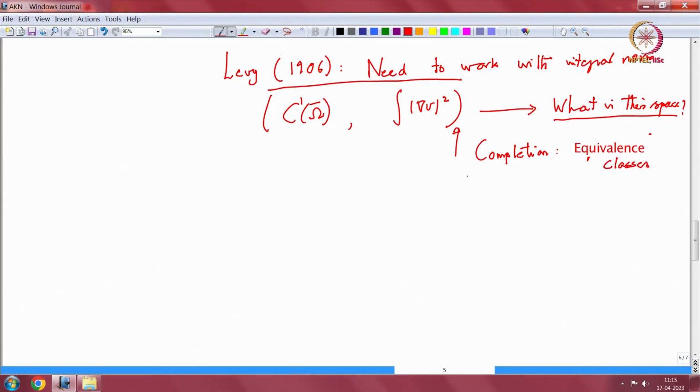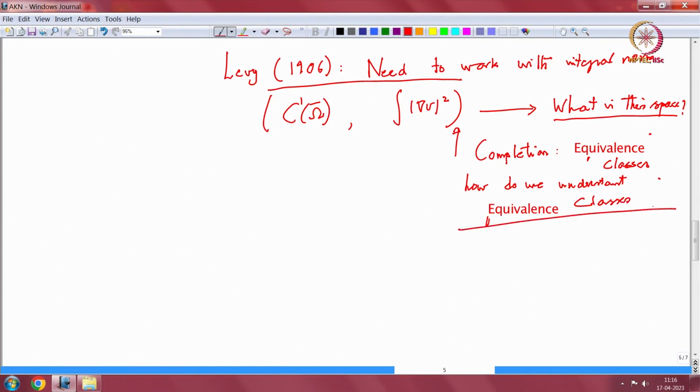So how do we understand the equivalence classes? That is the question.